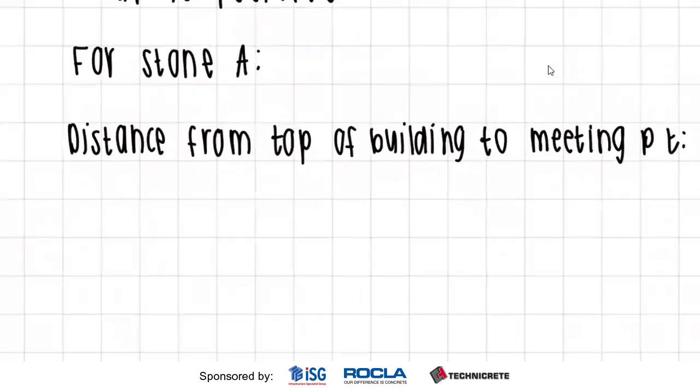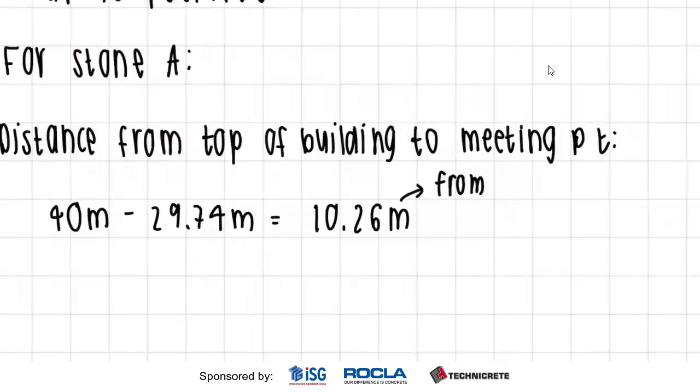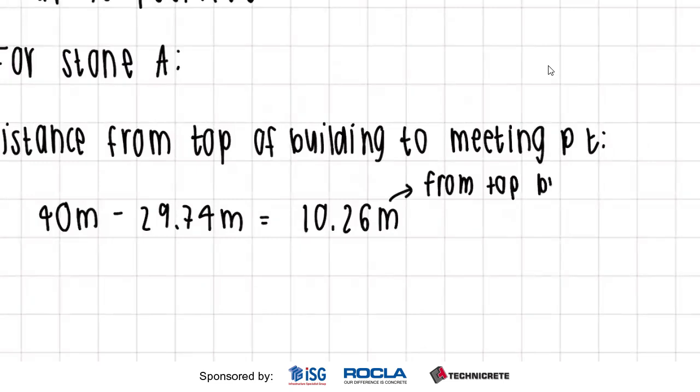We can work this out by saying the building is 40 meters high and the distance from the ground of the meeting point is 29.74 meters. Therefore, the distance that stone A traveled from the top of the building to the meeting point is 10.26 meters.